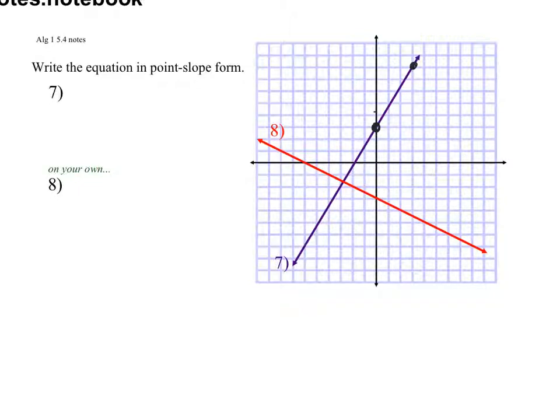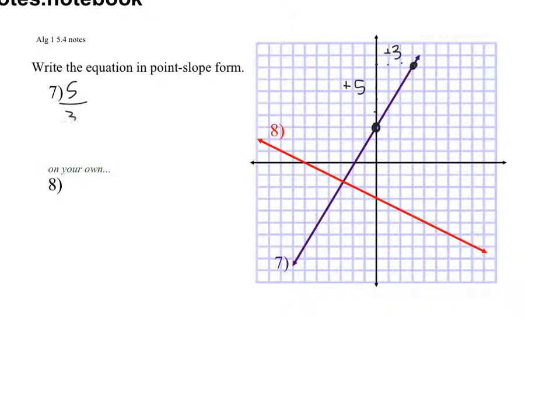So I've got 1, 2, 3, 4, 5 as my change in y, and that's a positive 5. And then I've got 1, 2, 3 as my change in x. So my slope in this particular line is going to be 5/3.